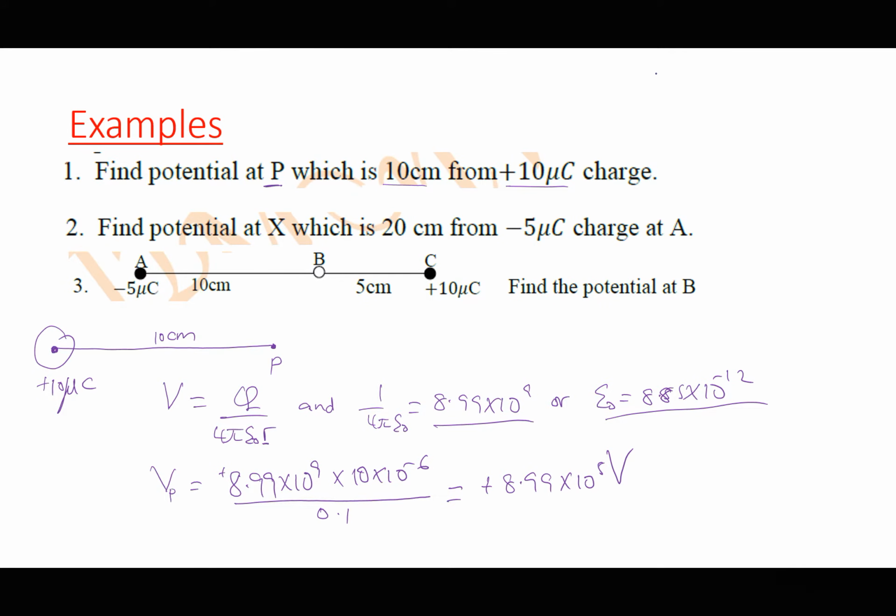What do I want to show? This is just a by the way for those doing mathematics. We have already seen that electric field strength due to a point charge is equal to Q over 4 pi epsilon naught times R squared. That was electric field strength due to a charge. Or we can just write this as KQ over R squared.